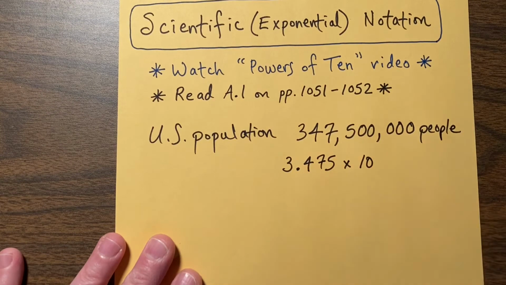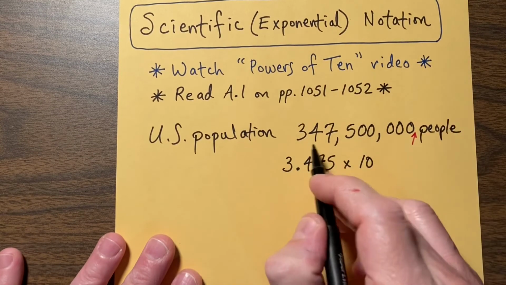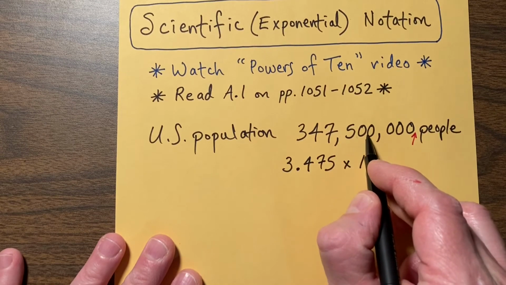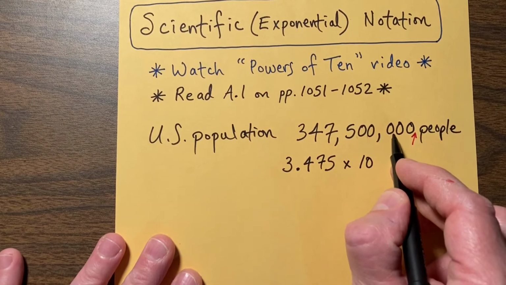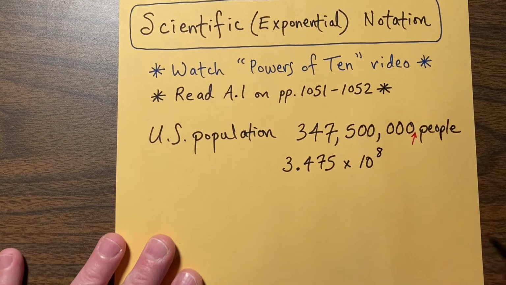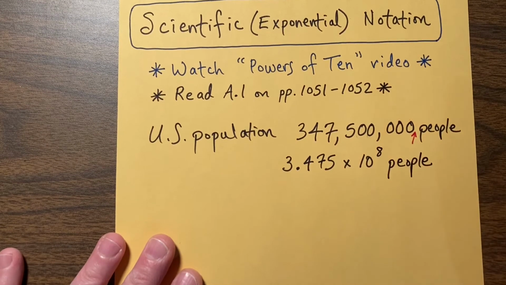So we know that there's an implied decimal place here. So I just count from here, 1, 2, 3, 4, 5, 6, 7, 8. So I could write that number as 3.475 times 10 to the 8th people. And it's as simple as that.